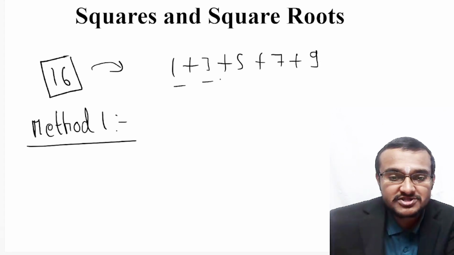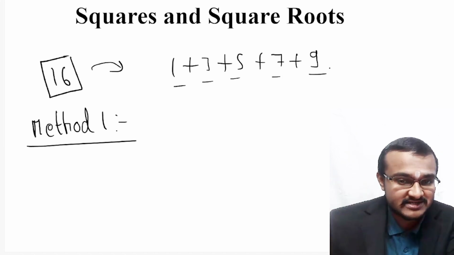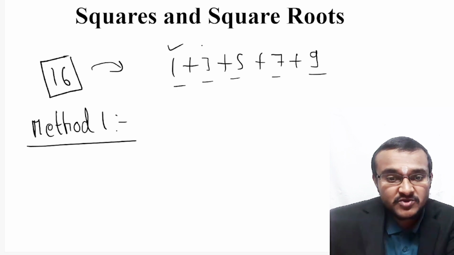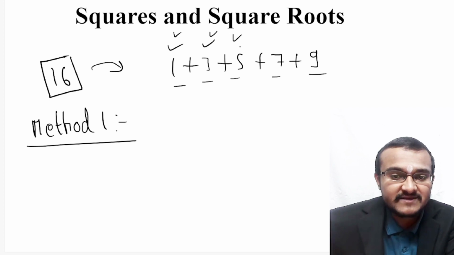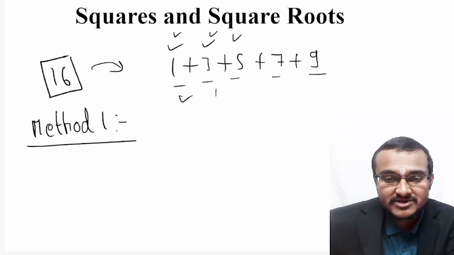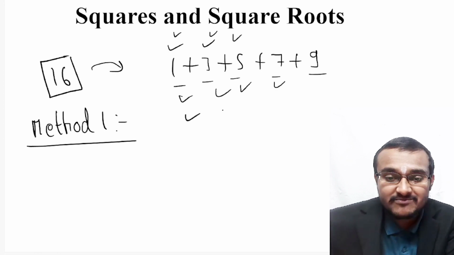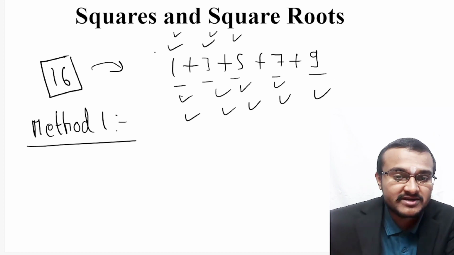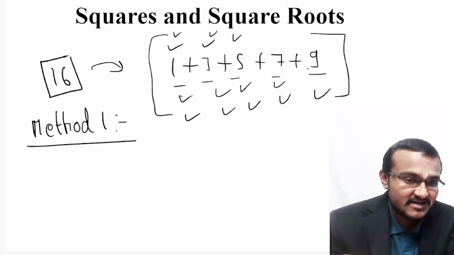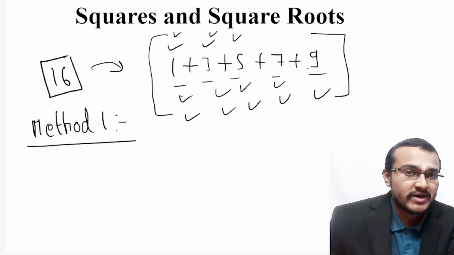If you go on adding consecutive odd natural numbers starting from 1, you will go on getting perfect squares. 1 is a perfect square, 1 plus 3 is 4, a perfect square. 1 plus 3 plus 5 is 9, a perfect square. 1 plus 3 plus 5 plus 7 gives 16, also a perfect square. 1 plus 3 plus 5 plus 7 plus 9 is 25, also a perfect square. If you want to understand this, you can refer to my previous video. Using this, we can apply the method in a reverse manner to find the square root.